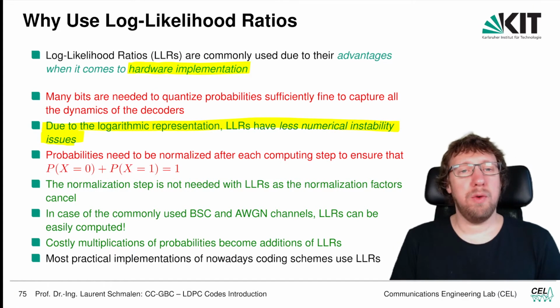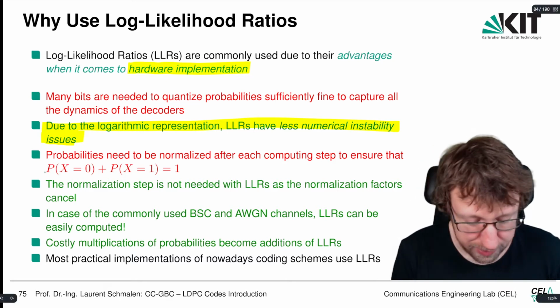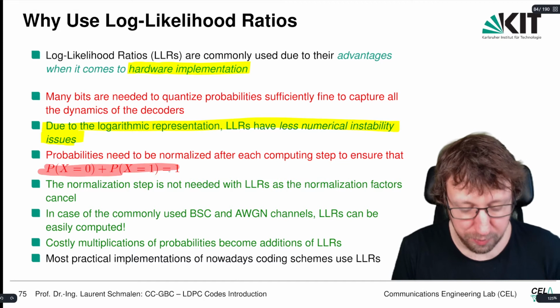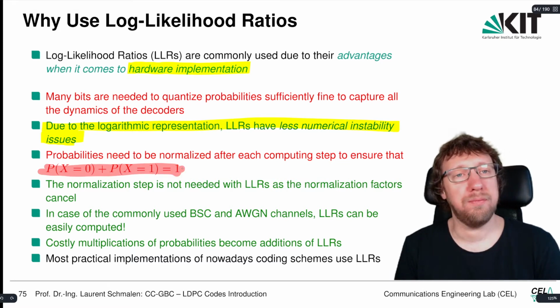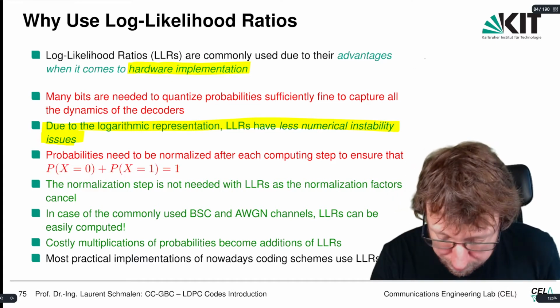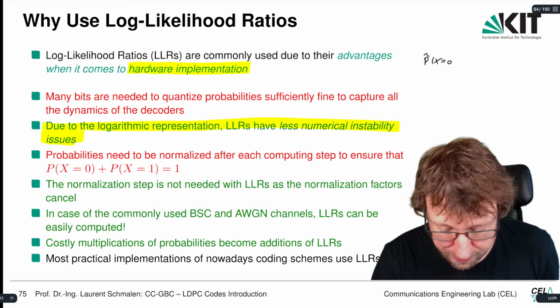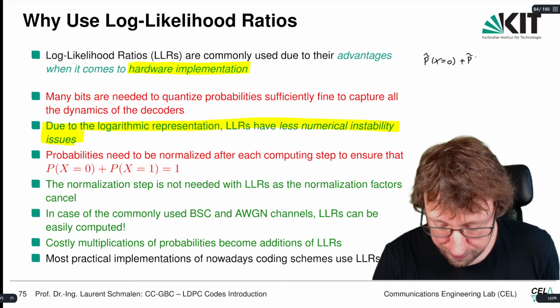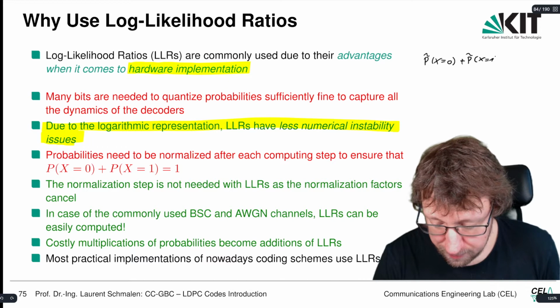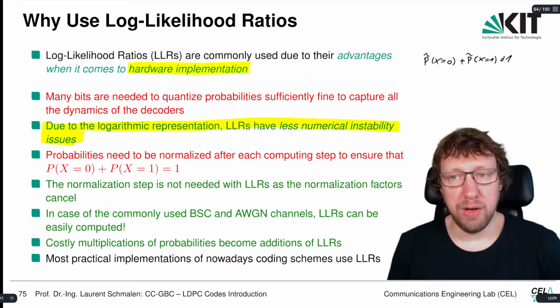Then also, when we work with probabilities, we always need to take care that the probabilities are properly normalized. We need to ensure that P of x equals 0 plus P of x equals 1 is equal to 1. And if this is not the case, for instance, if we have a P tilde of x equals 0 plus P tilde of x equals 1 that is not equal to 1, then we need to normalize.